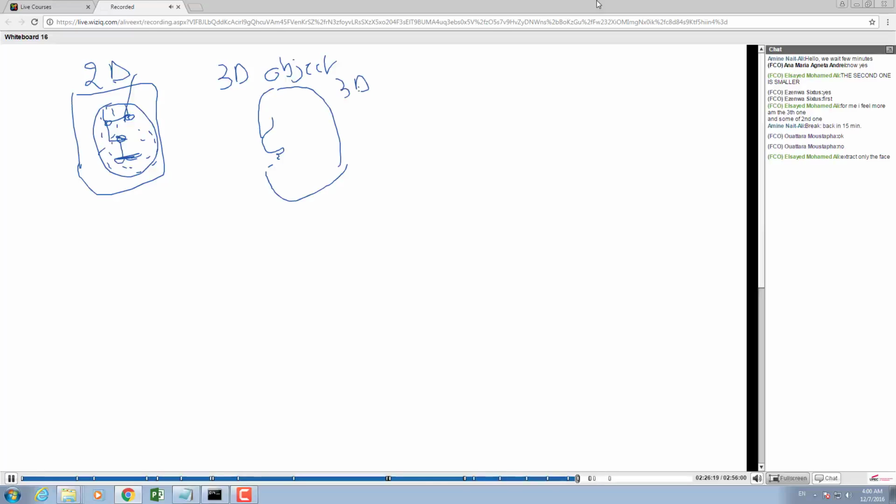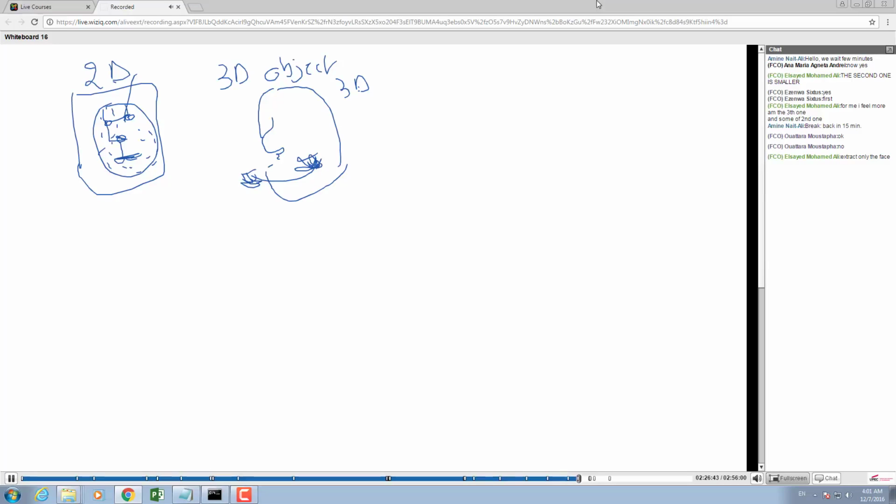Okay, whatever. Good. So this is what we have now, but in 3D, you will not have an image, you will have a kind of 3D object. So your face can be represented in 3D.